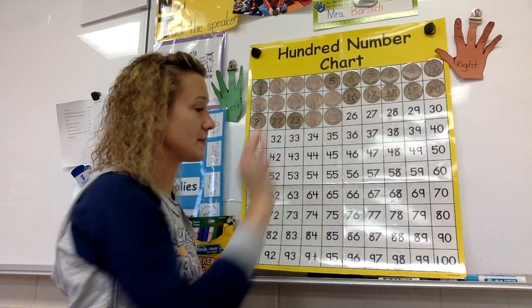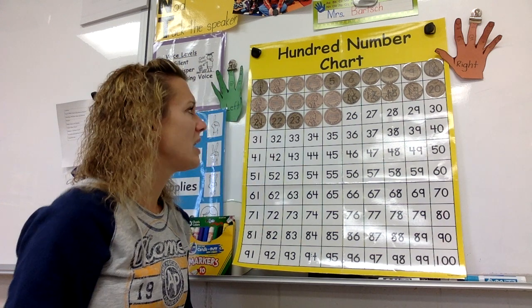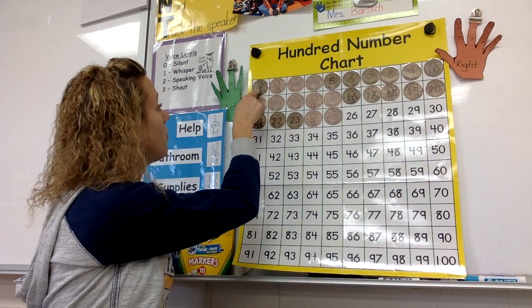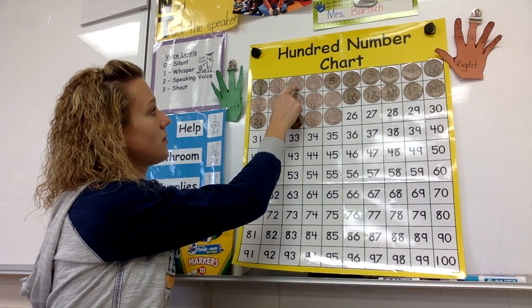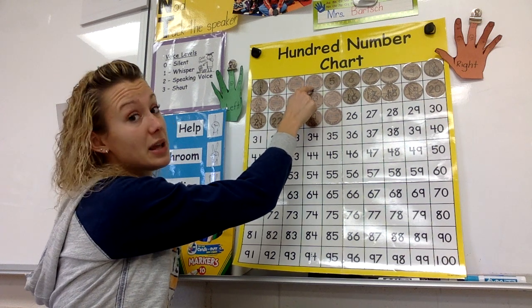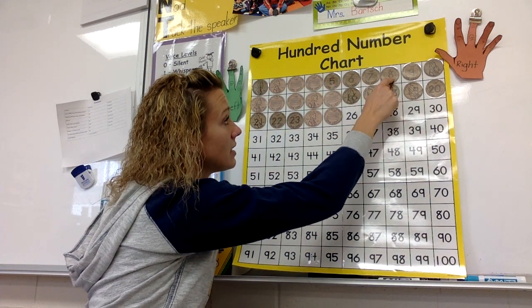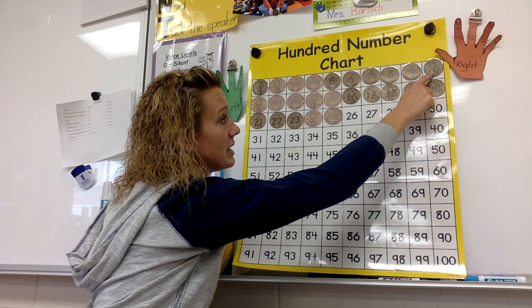So my sweets, what I want you to do with me is count one more time, because when I asked you to count for me, remember that one Friday, I asked you to count as high as you could? We got a little mixed up, some of us, in the teen numbers. So I'm going to touch and count. I want you to count with me. Ready, set, go. 1, 2, 3, 4. Keep counting. 5, 6, 7, 8, 9, 10.